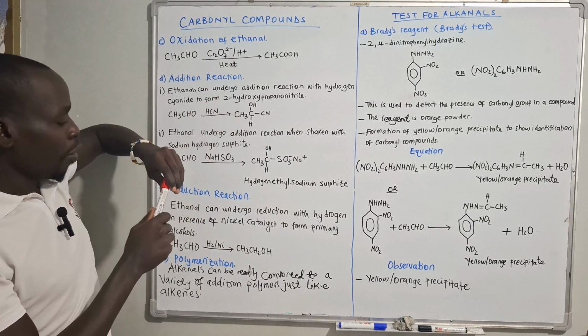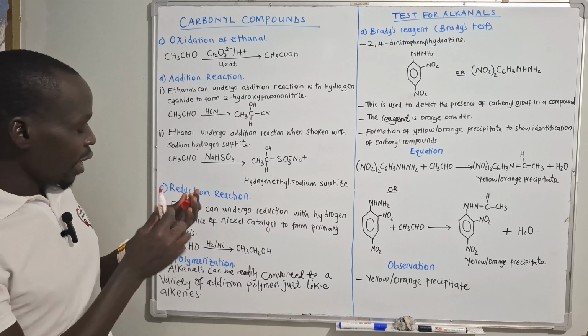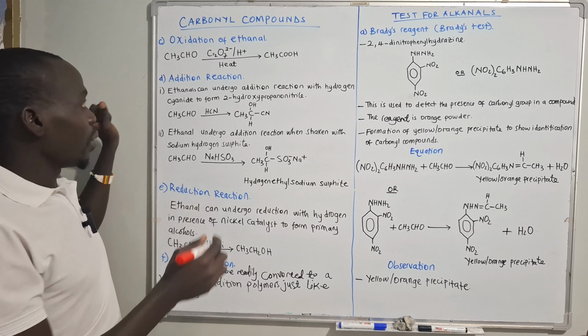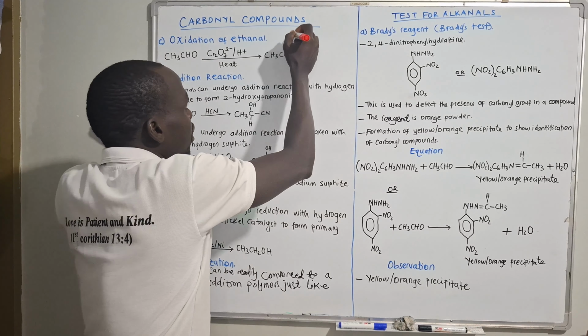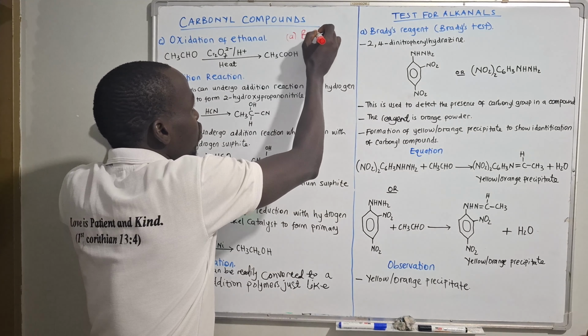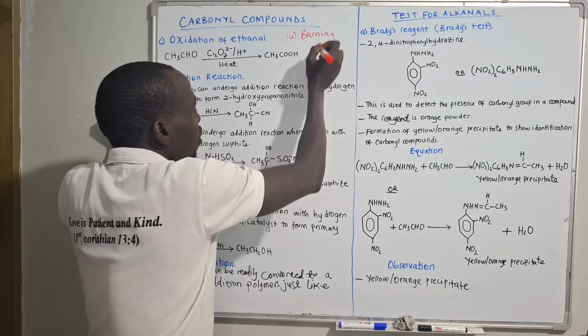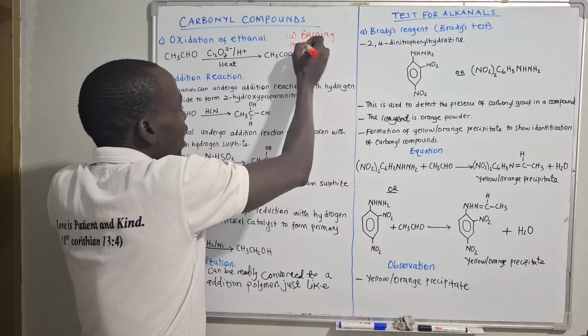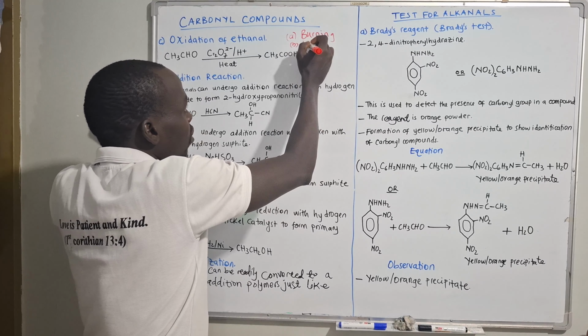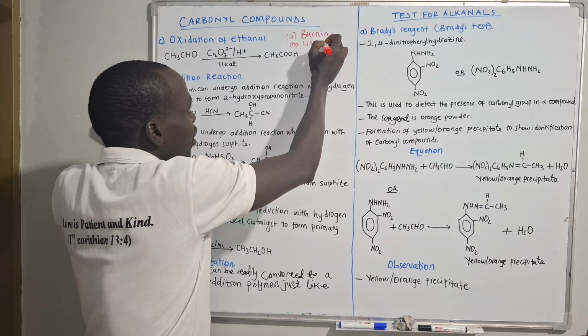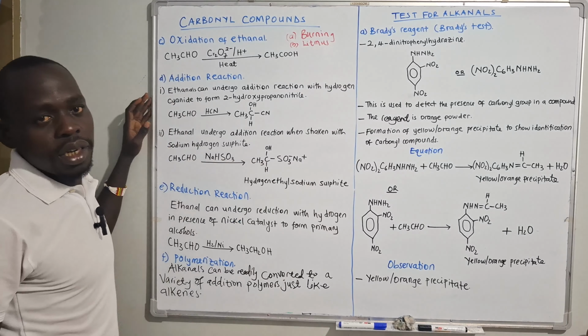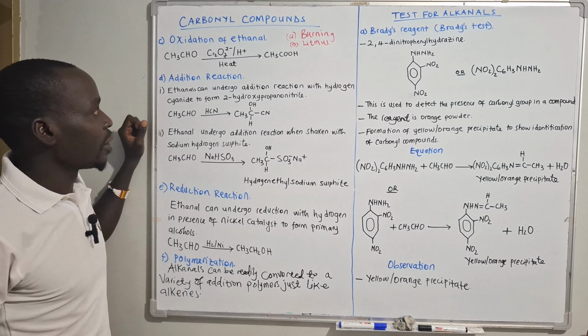Now we are still in the chemical properties, and we have seen the first part, where we said part A was about burning, which we normally call combustion. Then B was their effect on litmus, which could be litmus solution or litmus paper.